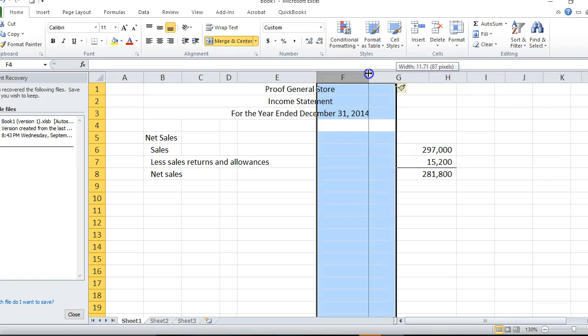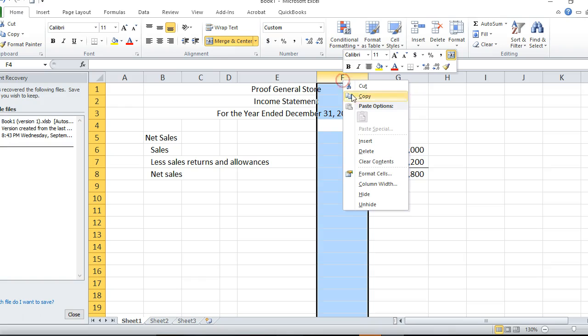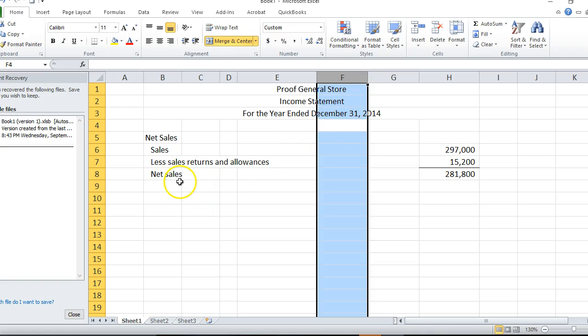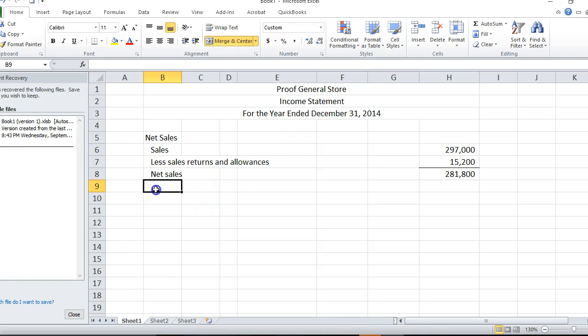Then we've got our cost of goods sold. Now this is going to be a little trickier. It's not trickier, it's just because we don't keep track of it throughout the year, we've got more steps right here.